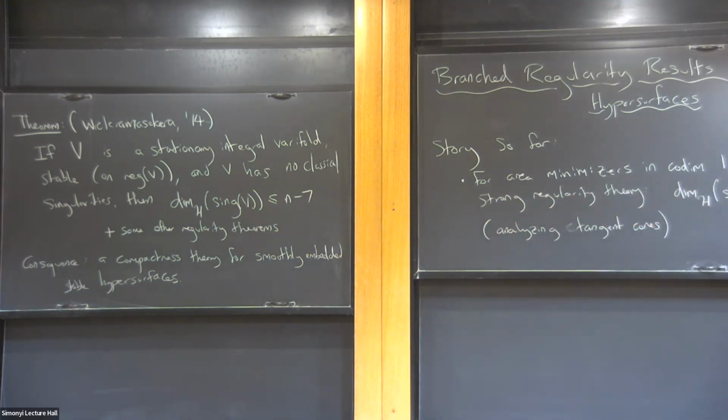So if you're in low dimensions where you don't have singular sets, then you actually know that your limit will also be smoothly embedded and things like that.